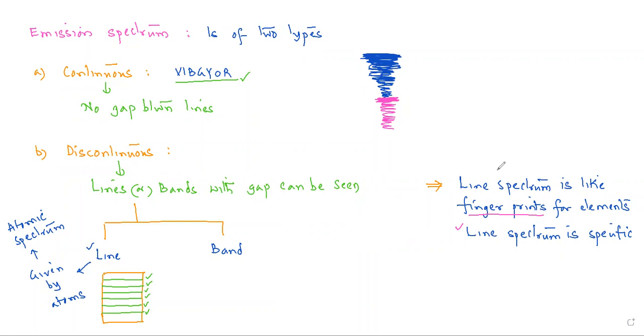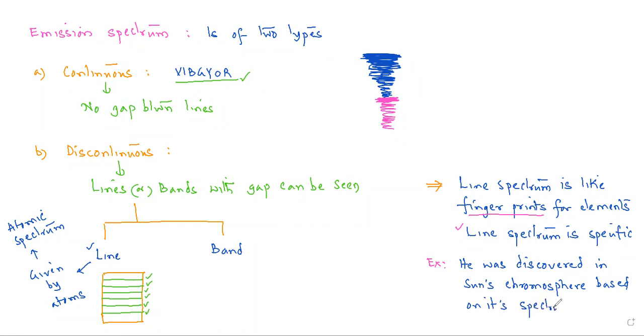You know, helium was discovered, let me give this example, in the sun's chromosphere based on its spectrum. Scientists in fact recorded the spectrum of helium and they found it to be very much different from the spectra that were available at that time.